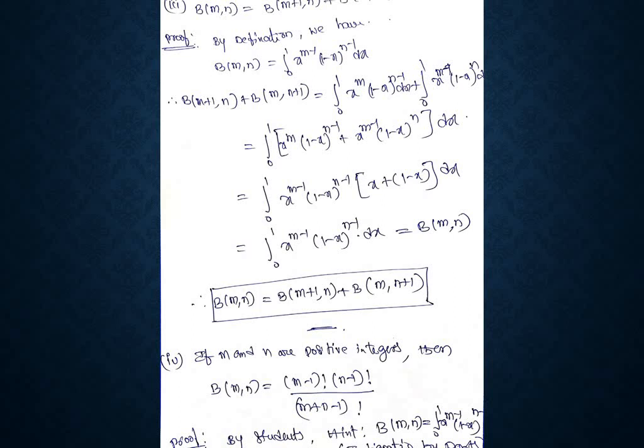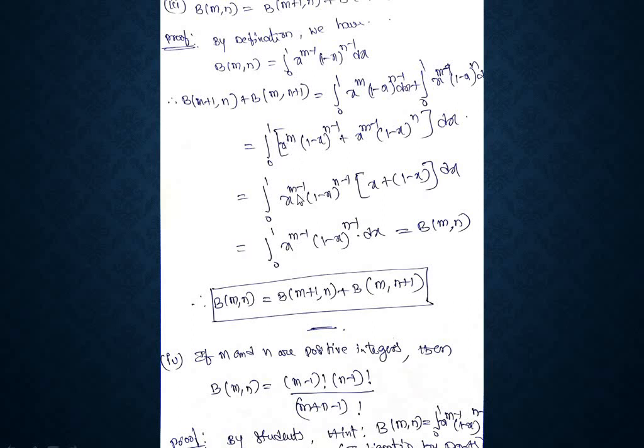Now the integral will be written as follows. From these two integrations I am taking the common function, x power m minus 1 and 1 minus x power n minus 1. Here we have x power m minus 1, 1 minus x power n, and dx.